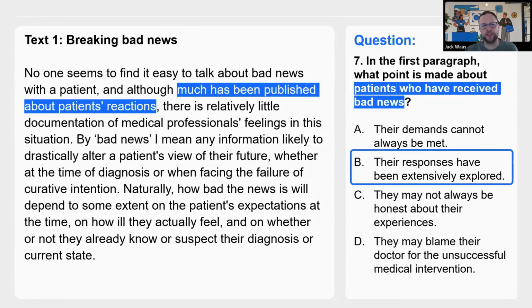We can see it says much has been published about patients' reactions. So their responses have been extensively explored, is what we can see the answer here for question 7, letter B.